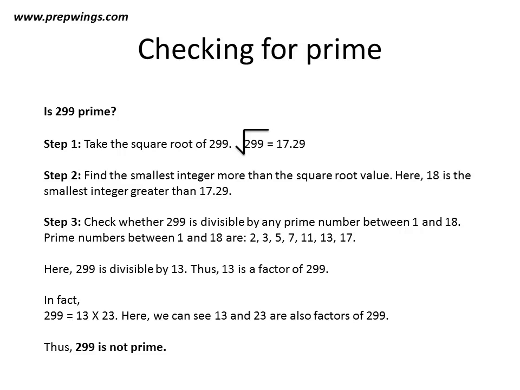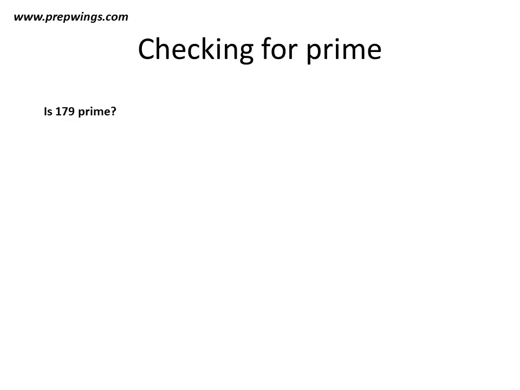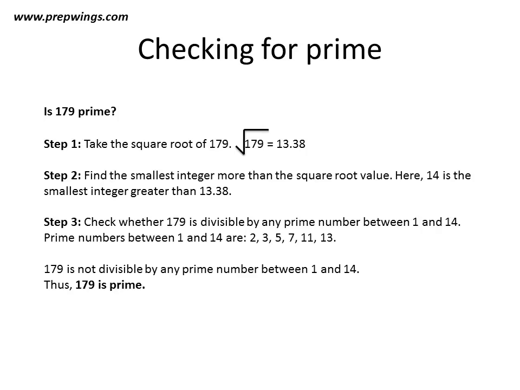Now we'll do the final example. Over here again we'll follow the same three steps. We have to check for 179 as the number. Is 179 prime or not? In step 1 we take the square root of 179, which is 13.38.